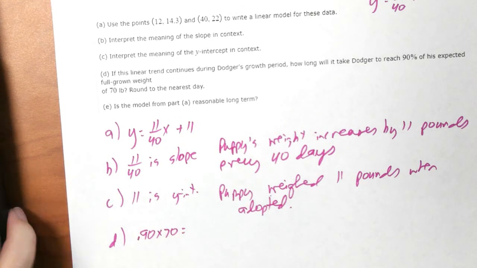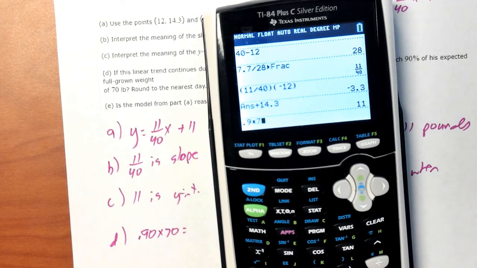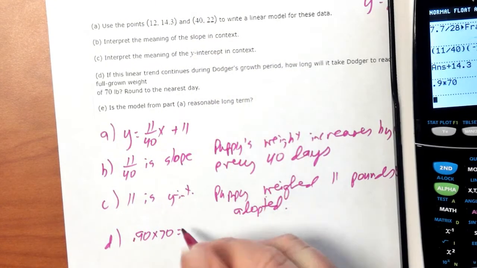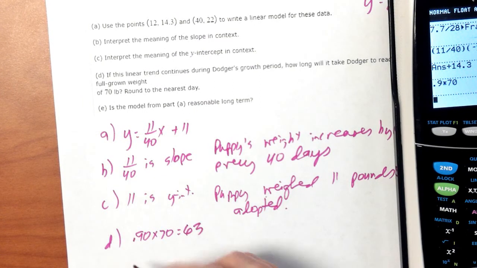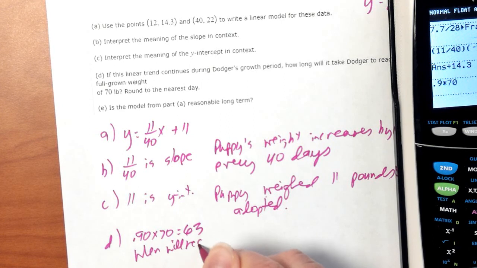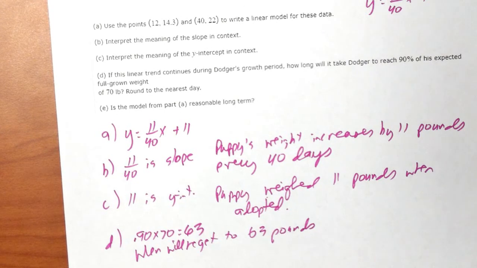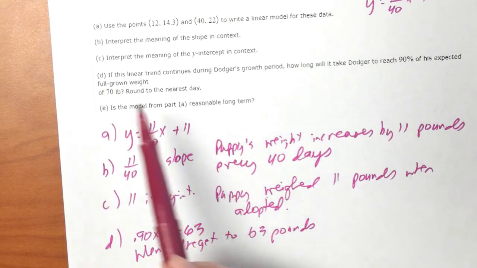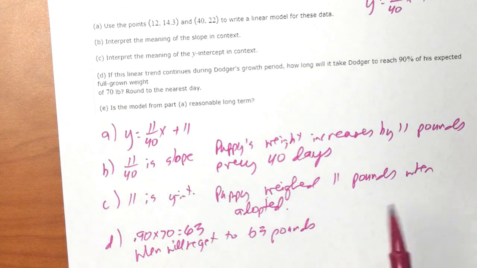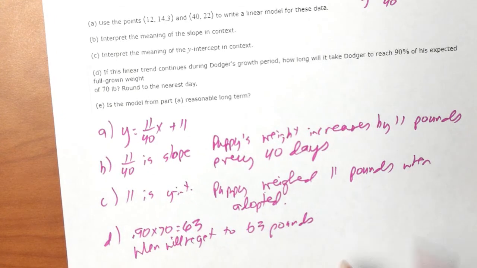So 0.9 times 70 is 63. So, in other words, when will he get to 63 pounds? That's what they want to know. 90% of his full-grown 70 pounds is 63.